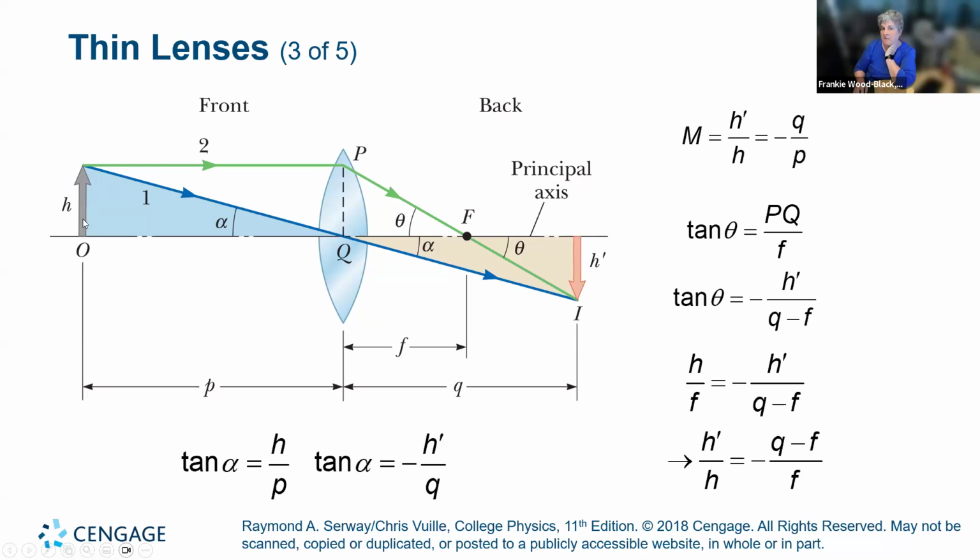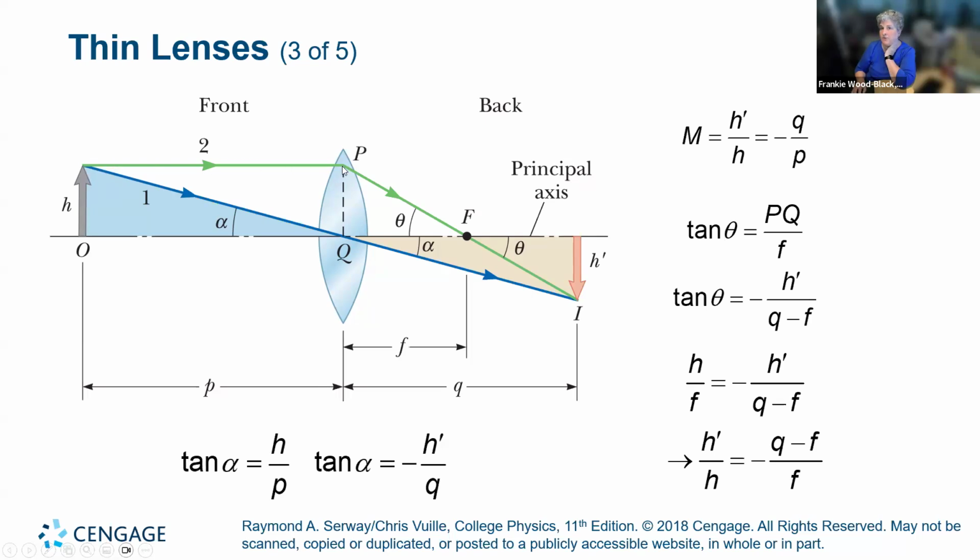Now, when I put my object out here, I'm going to take my first ray, go through the principal axis, and draw a line. I'm going to use these 2 points to form my line. So there's my first ray. My second ray is going to be parallel to the principal axis.